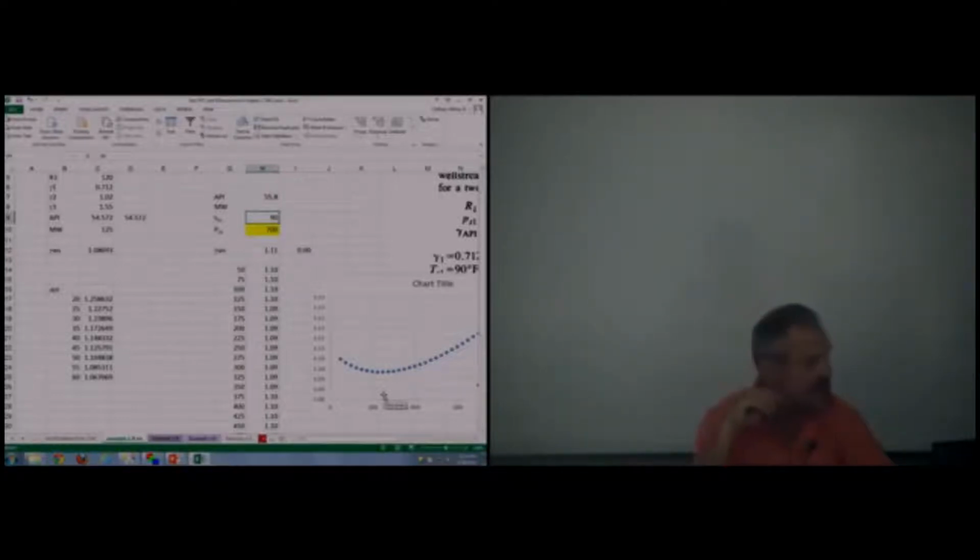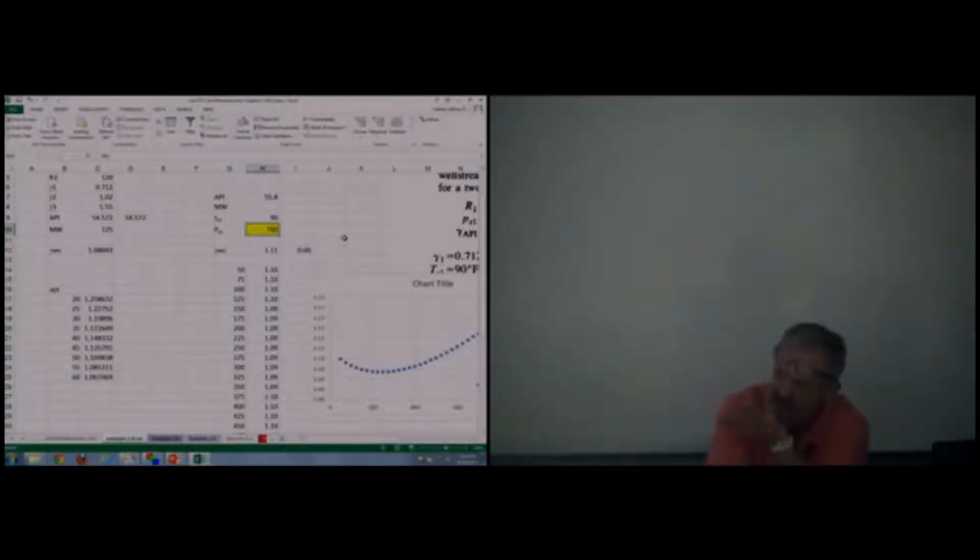But the fact of the matter is, this is not a design calculation.